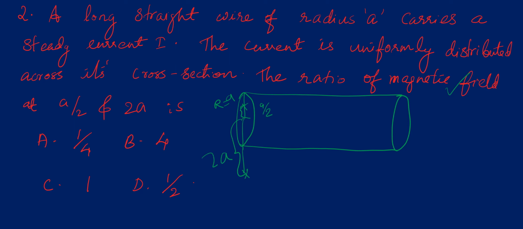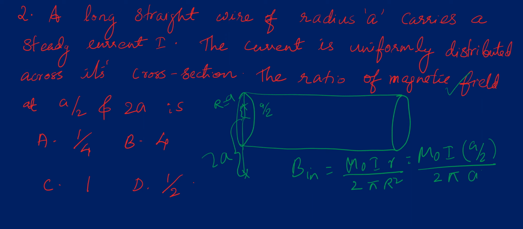So the equation for magnetic field inside is mu 0 I R divided by 2 pi R square. So it is mu 0 I into R, which is A by 2, divided by 2 pi A square. And again B outside, that equation is mu 0 I divided by 2 pi R, that is mu 0 I divided by 2 pi into 2A.